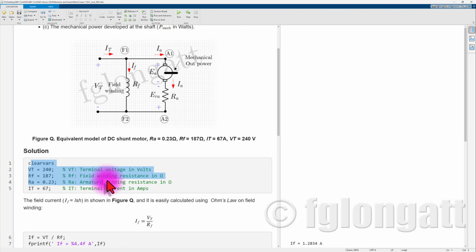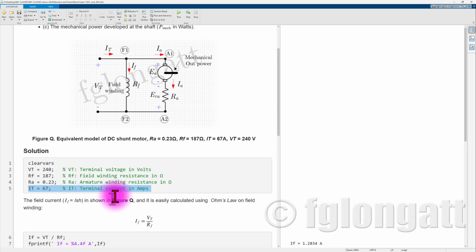So the first step is to define all the input data. We know the terminal voltage 240, the field resistance 187, the armature resistance 0.23, and we know the terminal current.